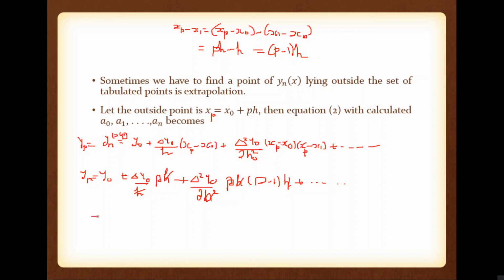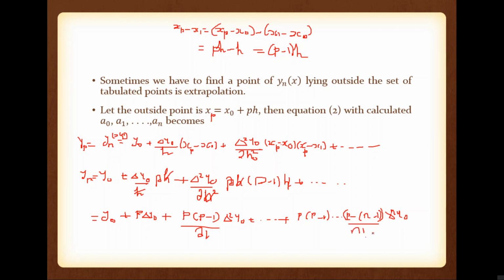We can write yp is equal to y0 plus p into delta y0 plus, what is the next one? p into p minus 1 divided by 2 factorial into delta square y0 plus etc. The term corresponding to an is p into p minus 1 into p minus 2 into etc. into p minus of n minus 1 into delta raised to n y0 divided by n factorial. You can see that.